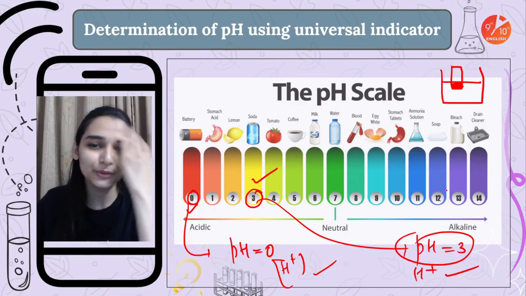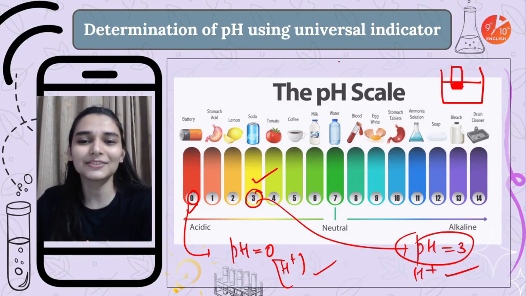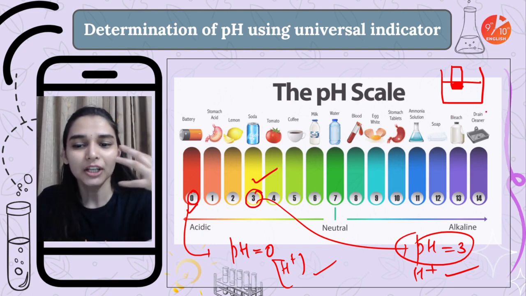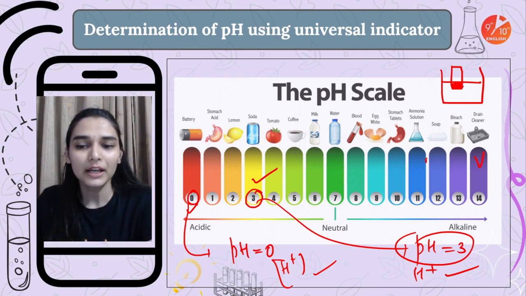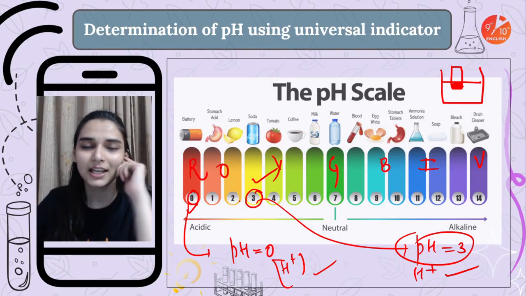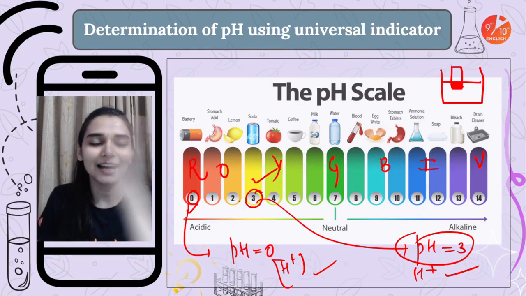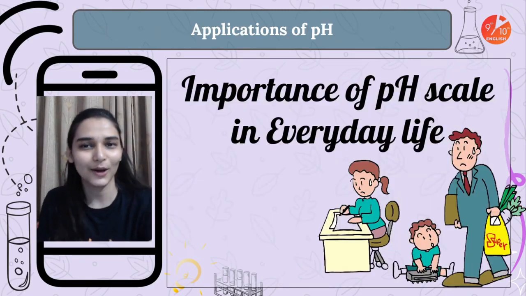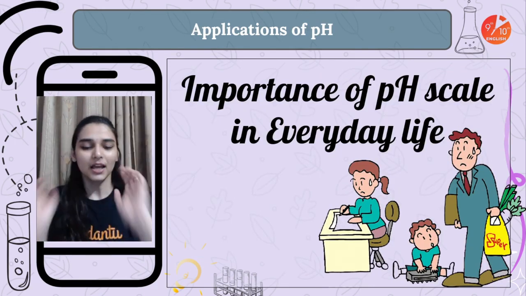So this is how you can easily determine using the universal indicator. You don't need to remember the color separately, just ऐसे याद रखो Vibgyor: violet, indigo, blue, green, yellow, orange and red. उल्टा Vibgyor, ठीक है. Start from right to left. Okay, that's very easy, you all can do this.